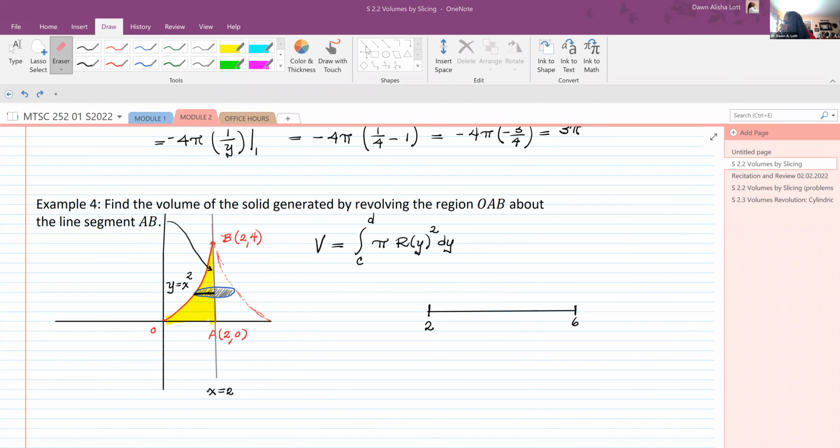Okay, here's another line that looks like that. My question to you is, how long is that line?